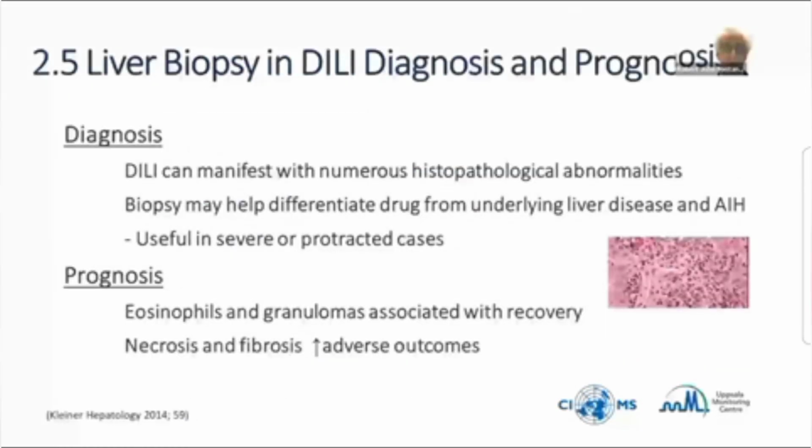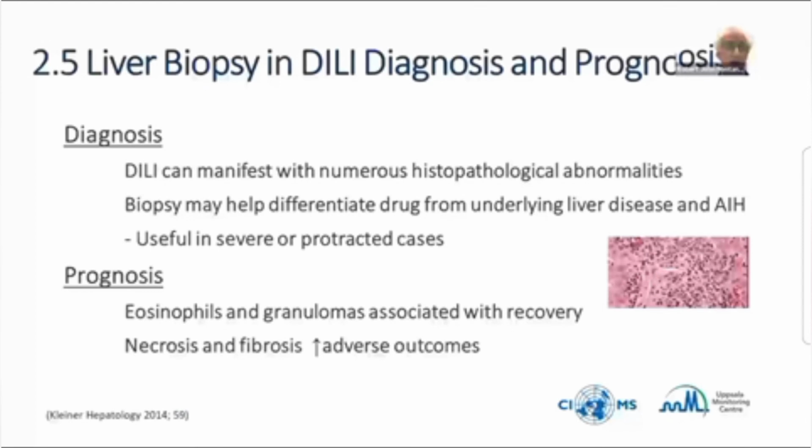Now, what about the role of liver biopsy in DILI diagnosis and prognosis? We know that in the liver, drug-induced liver injury can cause a variety of phenotypes of liver injury, from mild hepatitis to steatosis, necrosis, inflammation, and so on. So there's not one pathognomonic feature that would tell us that it's a drug-induced liver injury versus other causes of liver injury.